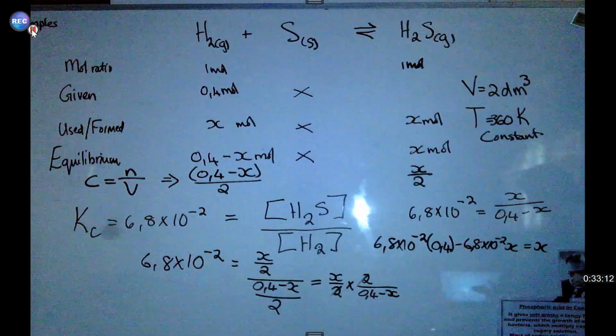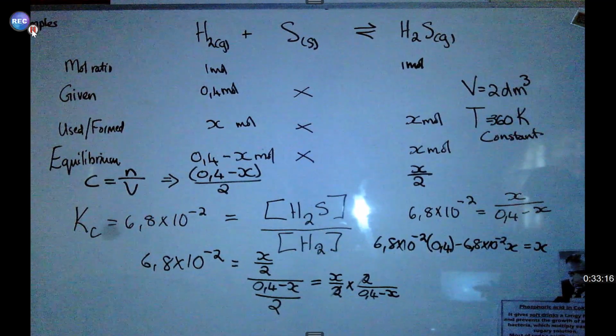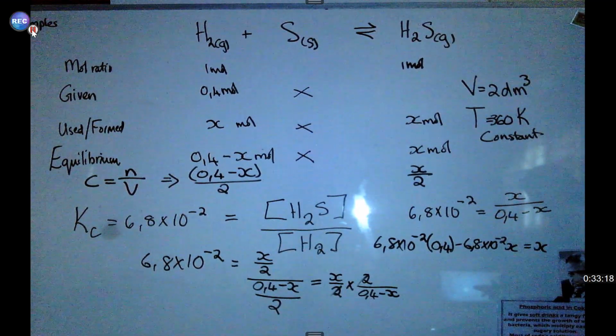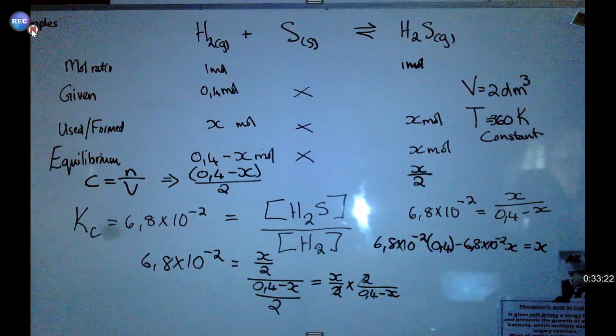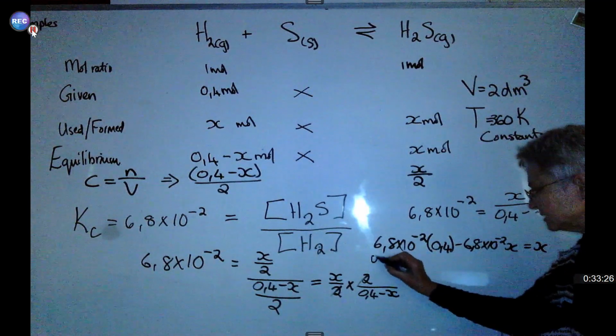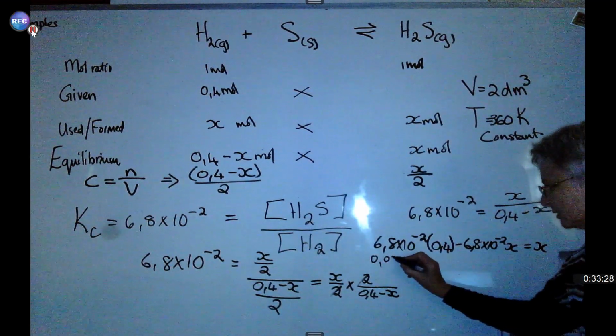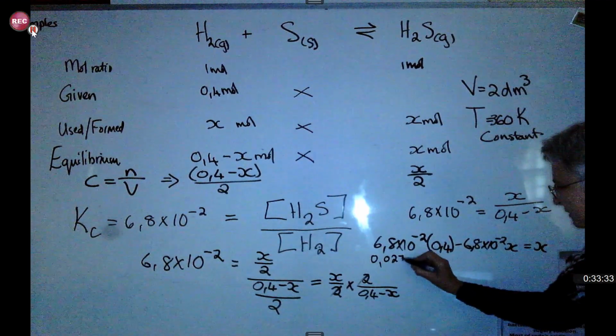So it's 6.8 times 10 to the minus 2 times 0.4, which is 0.0272.